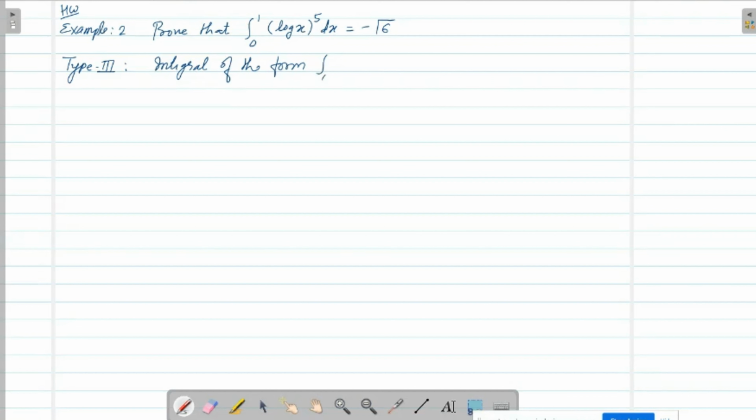Integral of limit 0 to infinity x raised to a divided by a raised to x dx, and integral of limit 0 to infinity a raised to minus kx square dx.